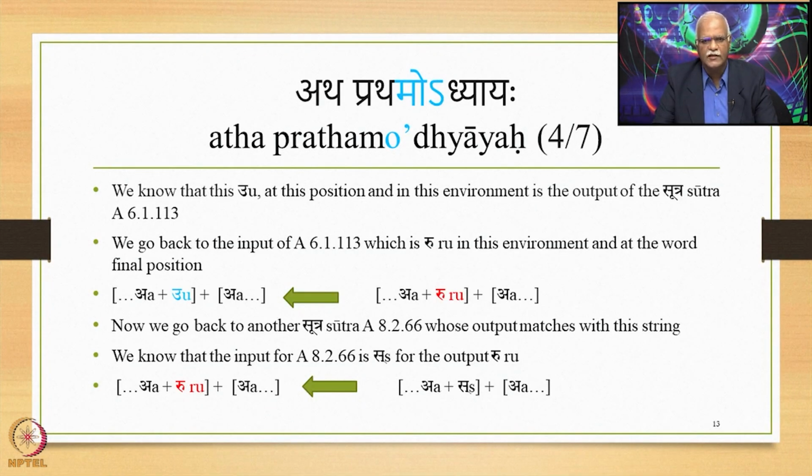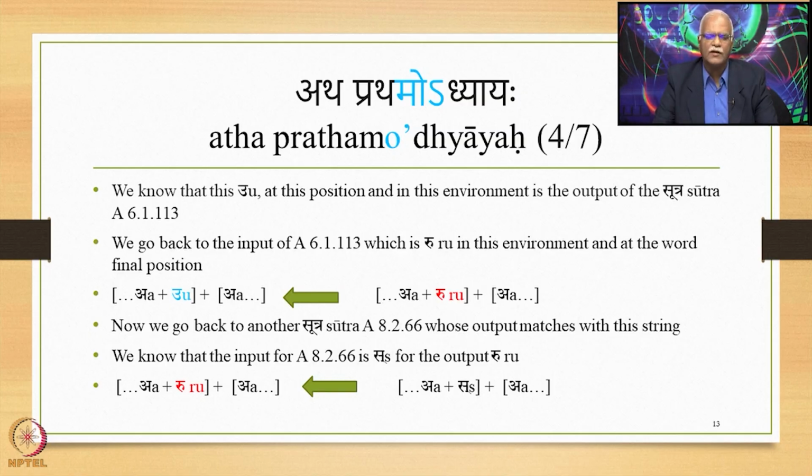Now we know that in this environment, U at this particular position at the end of the pada, preceded by short A and followed by another short A, is the output of the sutra 6.1.113, Atororaplutadaplute.